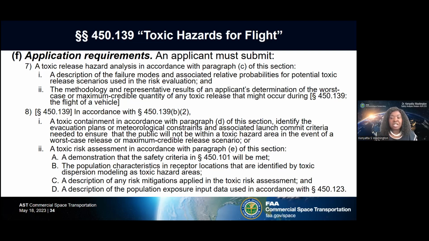And the population characteristics and receptor locations that are identified by toxic dispersion modeling as toxic hazard areas, a description of any risk mitigation applied in the toxic risk assessment, and finally, a description of the population exposure input data used according to 450.123. Next slide.